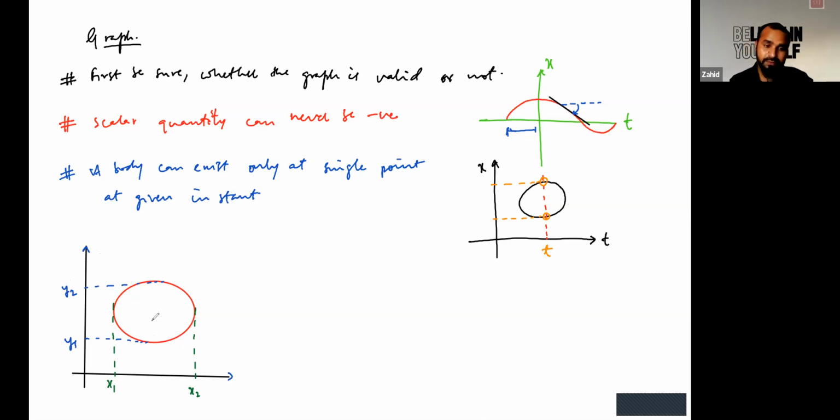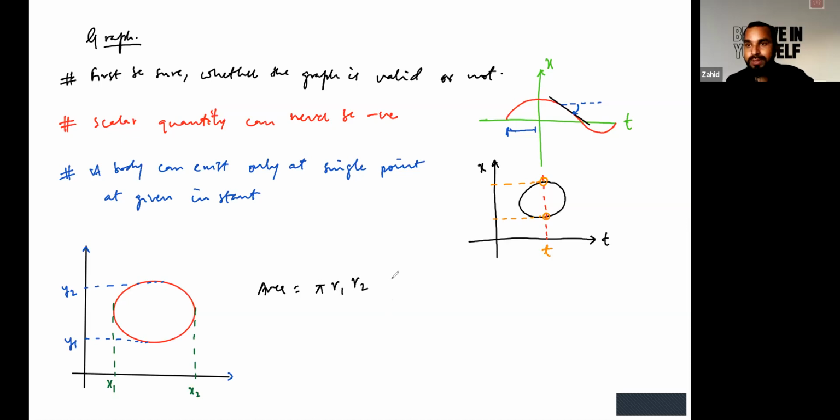Since this particular curve could be a circle, an ellipse, or any geometrical figure, the area of this type of curve would be nothing but pi times r1 into r2. Instead of just a circle, use pi r1 r2. We can't say pi r square.